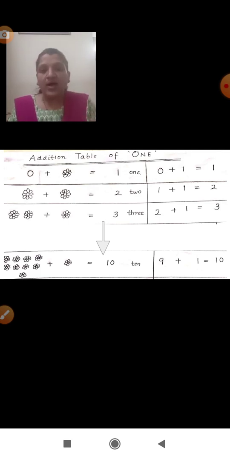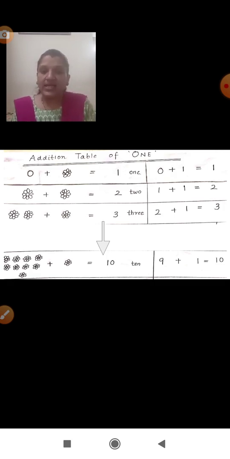And one by one you have to go on adding the numbers and complete it till the last row with 9 flowers plus 1 flower equals to 10. Ten, 10. And next row 9 plus 1 equals to 10. Every time you have to go on adding only one flower in the increasing number of flowers.